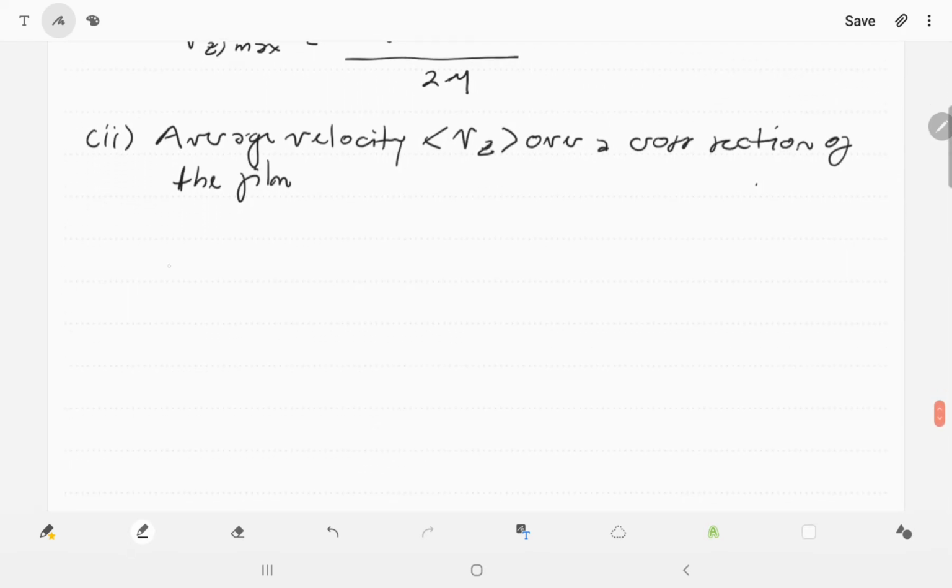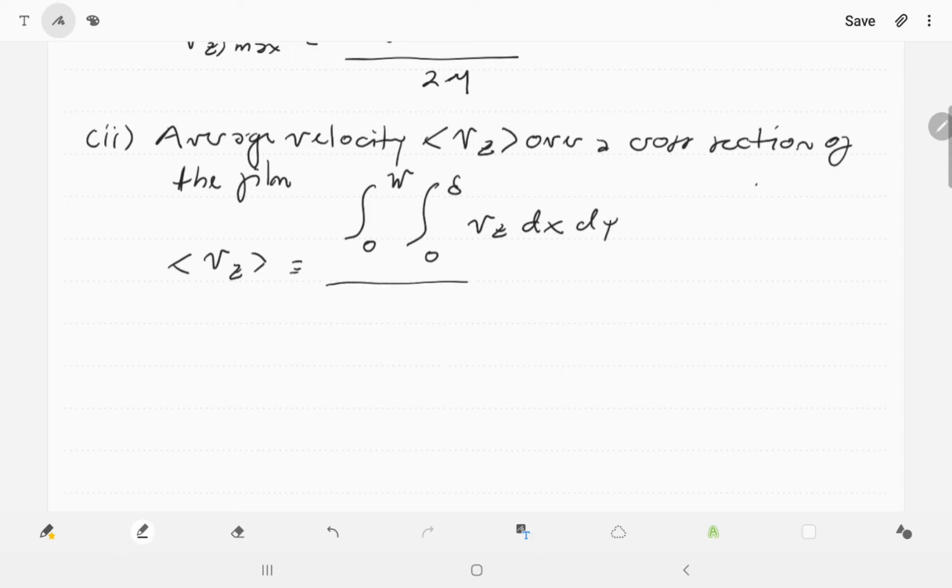Okay, so in here this particular quantity can be defined as the integration from 0 to w, integral 0 to the film thickness Vz dx dy, divided by integral 0 to w, integral 0 to the film thickness dx dy.